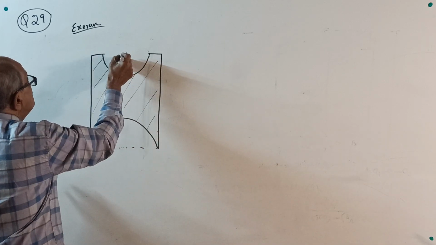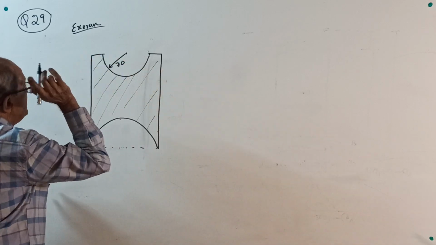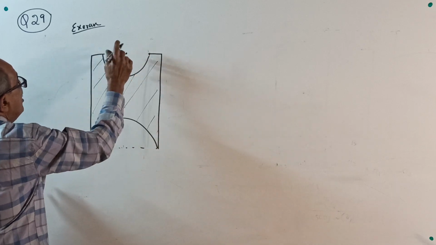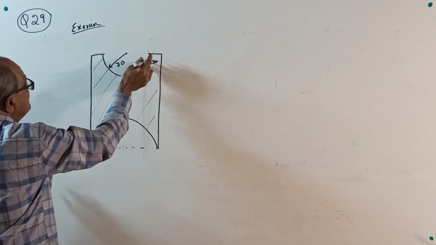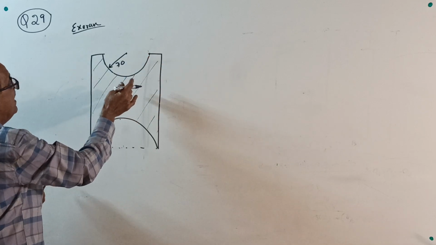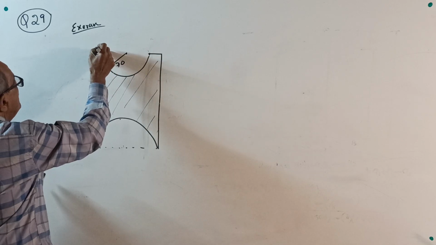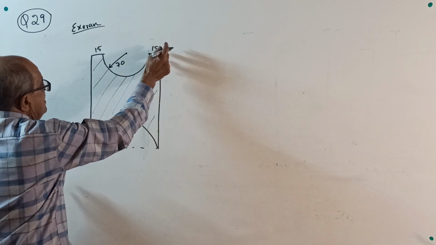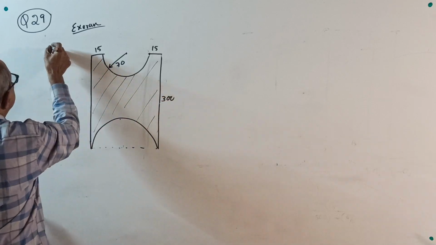I'll give one radius for you: 70. That is a radius of 70. And here I'll give an offset. 100 I require. 100 means 70 plus 15, 15. Total depth is 300. That's all. All dimensions are in millimeter.